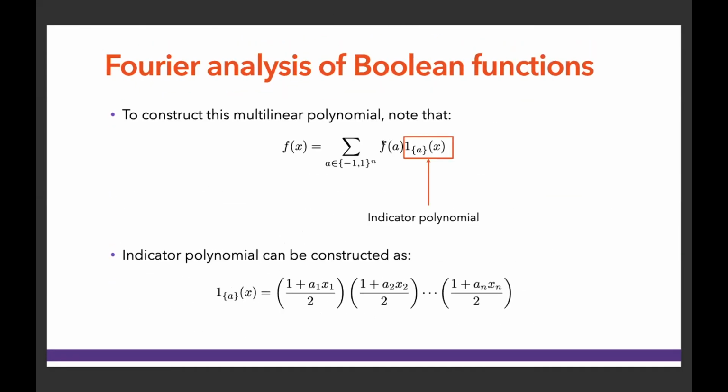You write it out with your value of the function on A and then the indicator polynomial on A. And the indicator polynomial you can always construct explicitly. So this way, if you take all possible 2 to the power of n binary strings, you can explicitly write out this polynomial.